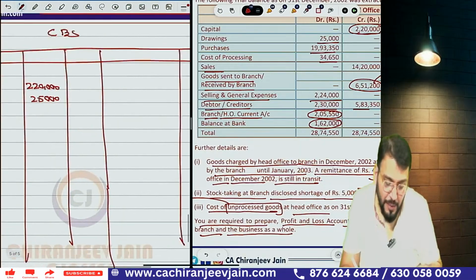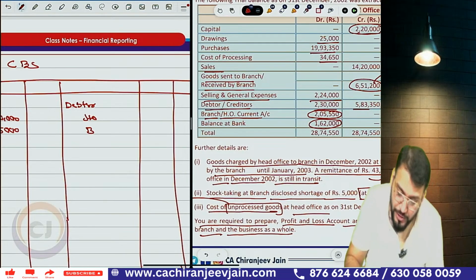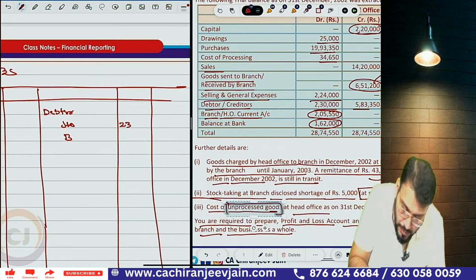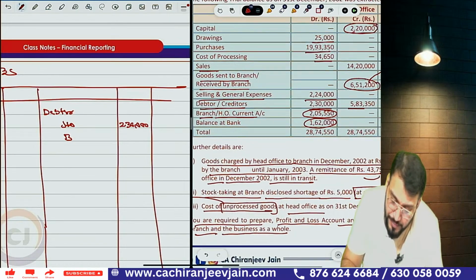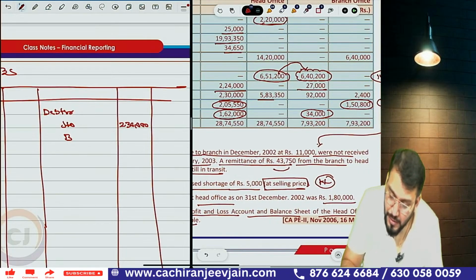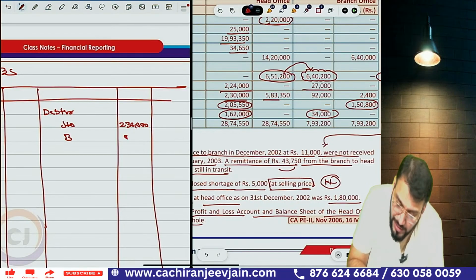So debtor will come where? In the balance sheet. Write down debtor. But for HO how much? Branch how much? So debtor HO will be 2,30,000. And debtor of branch is 92,000.